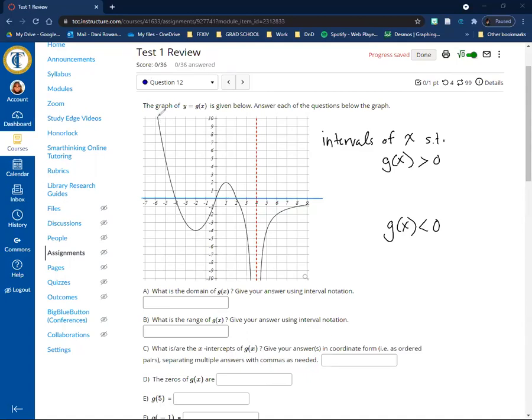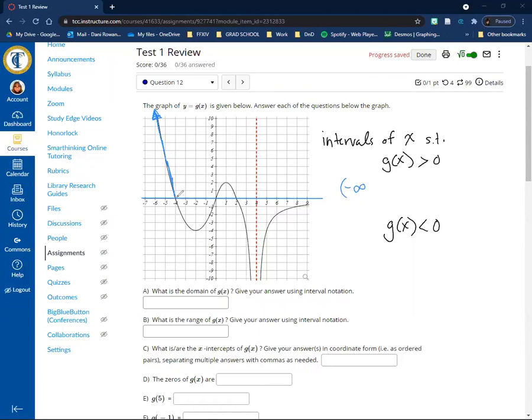So following the graph above that blue line, where does it start? Negative infinity. Yeah, it starts at negative infinity. Where does it stop?